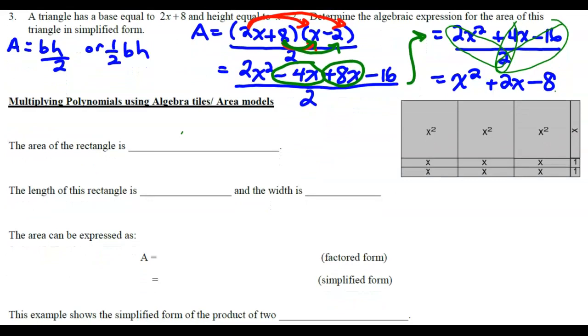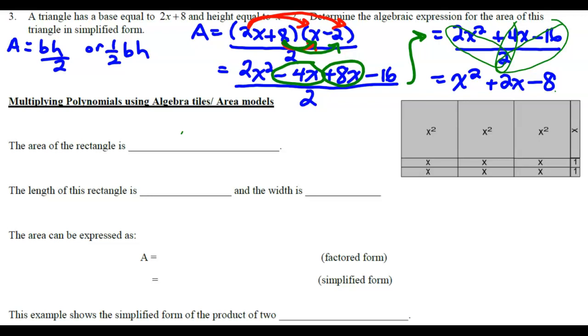So that's sort of a area of rectangles, triangles, that kind of thing is a common application type question for multiplying polynomials. Who, back in junior high, ever used algebra tiles? Okay, hands up. Yeah, so probably a fair number of you. So we're going to touch on it, but we don't touch them.